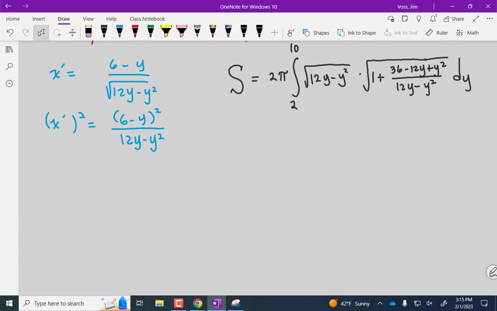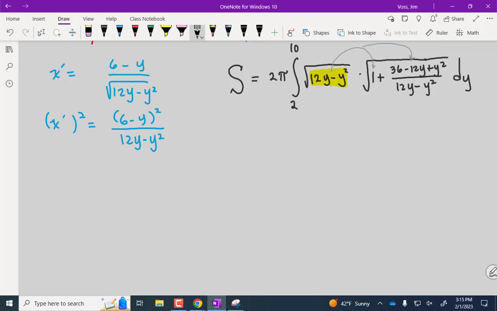Okay. Similar to what we've seen on the last couple slides, we've got a square root and a square root. To combine two square roots, we take the inside of the left one and distribute it to the inside of the right one. So this whole quantity gets multiplied by each of these two fractions.